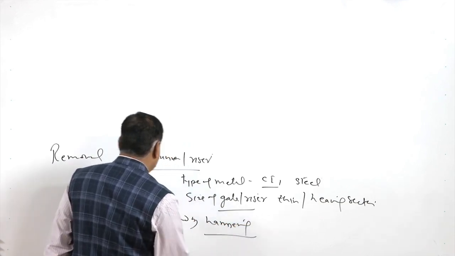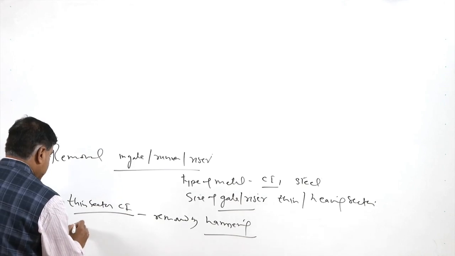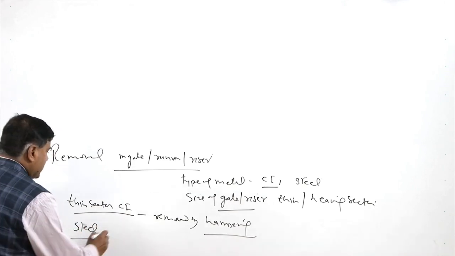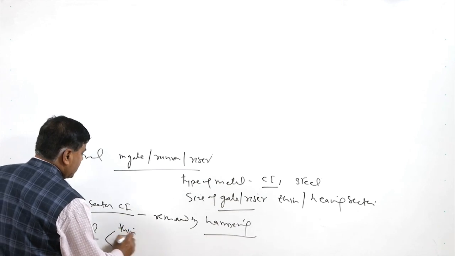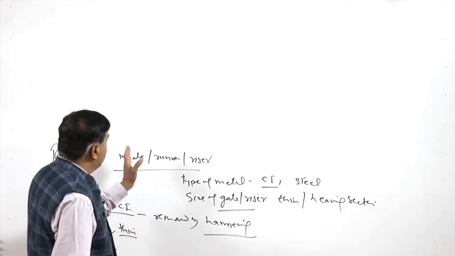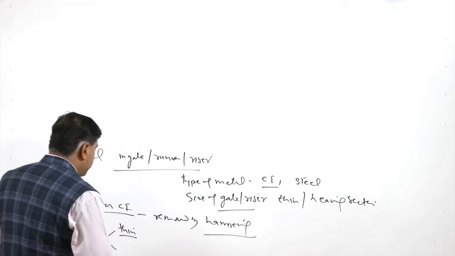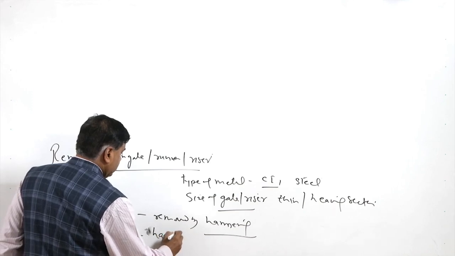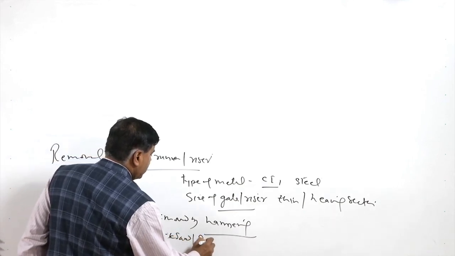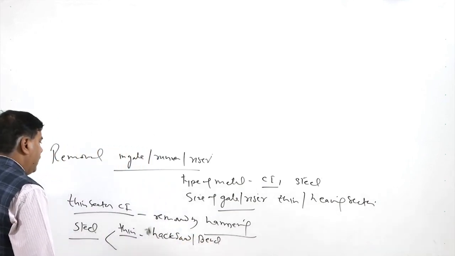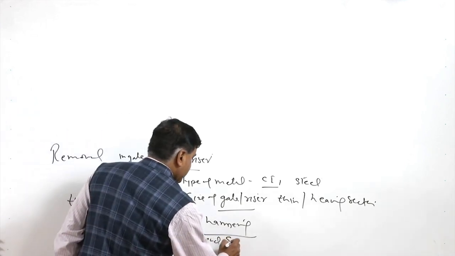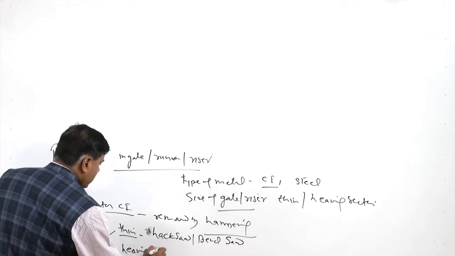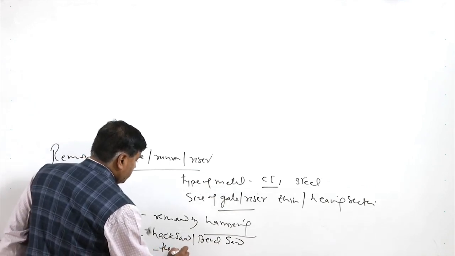So, hammering helps to break them easily, but in case of the steel, if it is say a thin section, steel gates and risers can be removed by hacksaw or the bend saw. Simply cutting is performed with the bend saw, but for the heavy sections thermal cutting methods are used.